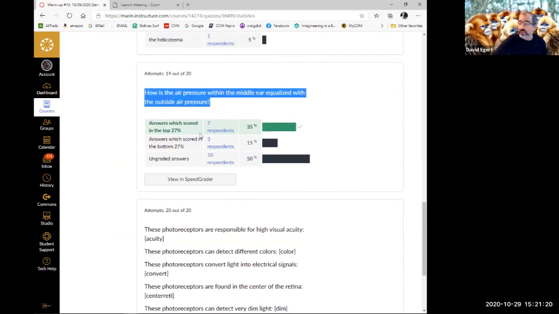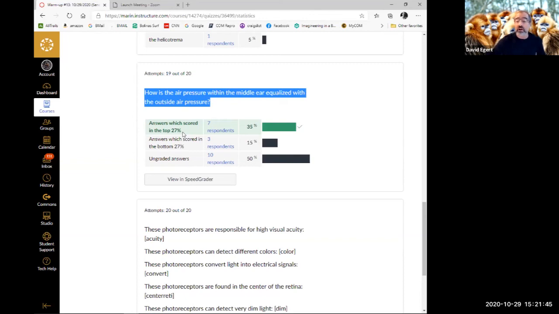How is the outside? I haven't graded all of these, but the idea that the middle ear is filled with air, and unless you equalize the pressure with the outside, your eardrum's going to implode or explode. So again, most people were getting it: the Eustachian tube, the little connection between your middle ear and the back of your throat.